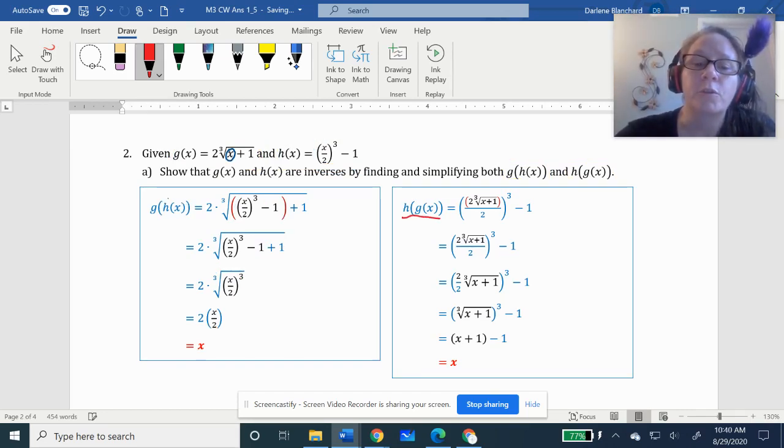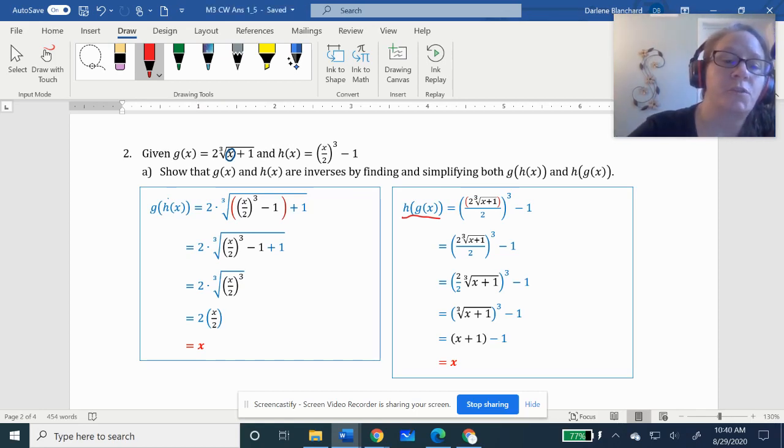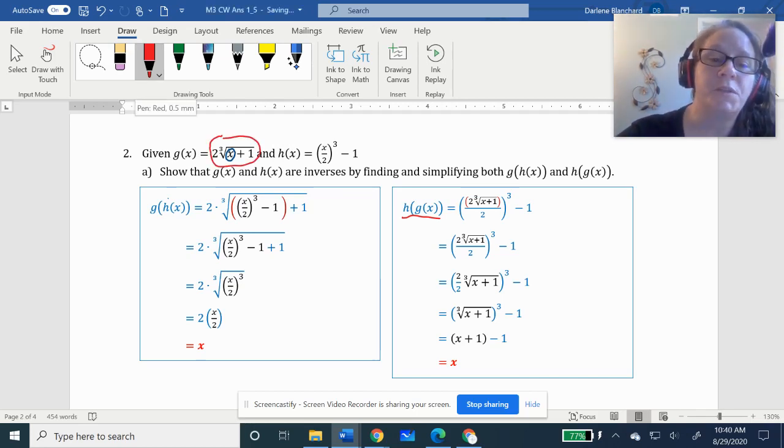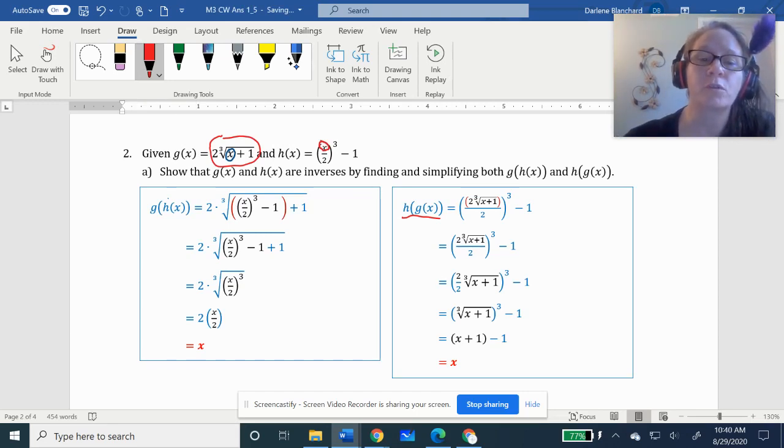When we go the other direction and find h of g of x, then the g of x function is going to be substituted into the x of the h function. So the h function is x over 2 cubed minus 1. And again, we just simply substitute all of that g of x right there where the x was for h.